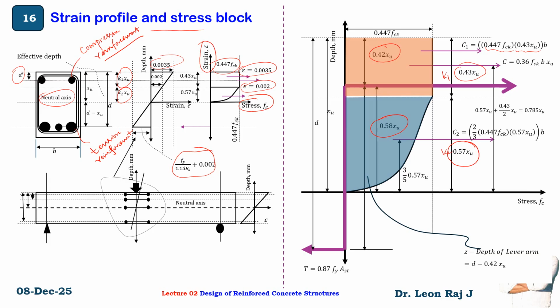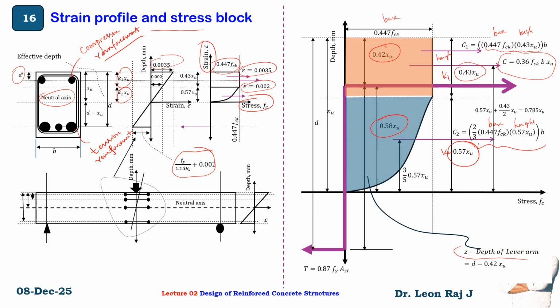So this is the stress, this is the base, and this is the height, which is exactly 0.43 Xu. Then two-thirds of base into height into b gives the compressive force C, which is 0.36 fck b Xu.